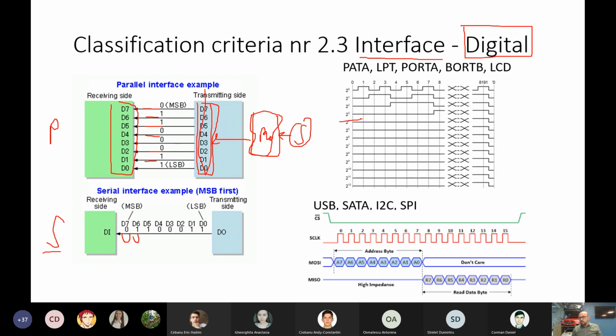Let's imagine we have our phone and we would like to transfer some information. Of course, we have some antenna here. And how do we transfer information between two antennas?